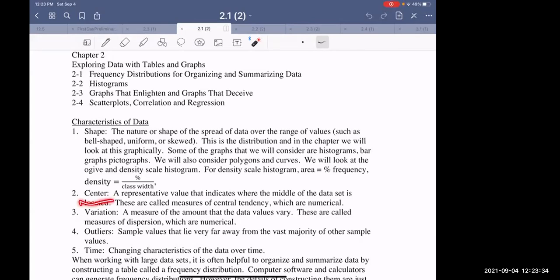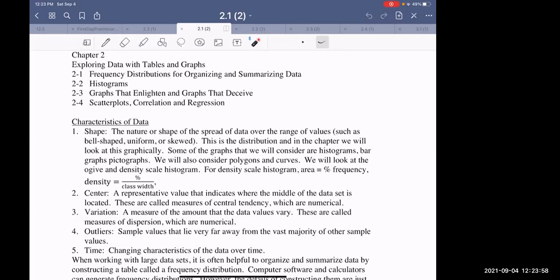We'll be looking at the center of the data, some way to represent what is the center of your data. These will be called the measures of central tendency. These will be in general numerical. That'll be in chapter 3.